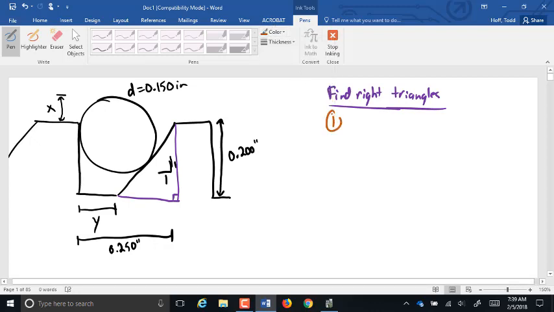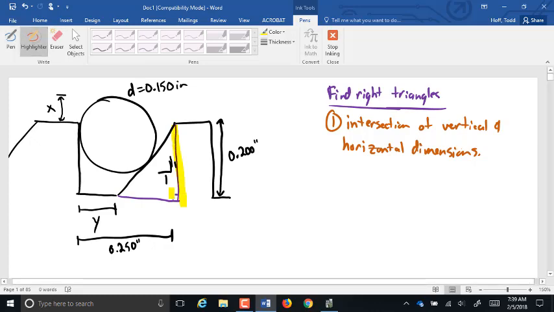Even though we're not to the trig yet, two of our biggest tricks for finding right triangles occur in this problem. One of them is the intersection of vertical and horizontal dimensions. And that's what we have here.